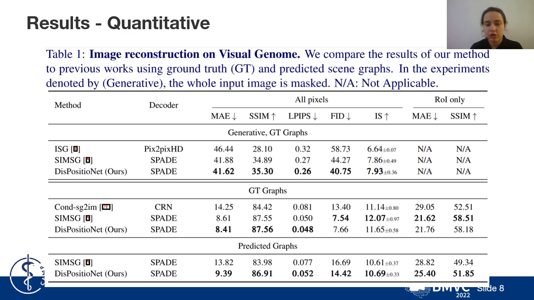And we can use either ground truth graphs to perform the manipulation or the reconstruction, or predicted scene graphs. As you can see, the reconstruction performance of our method compared to both previous work is superior, and it achieves the best performance among all.